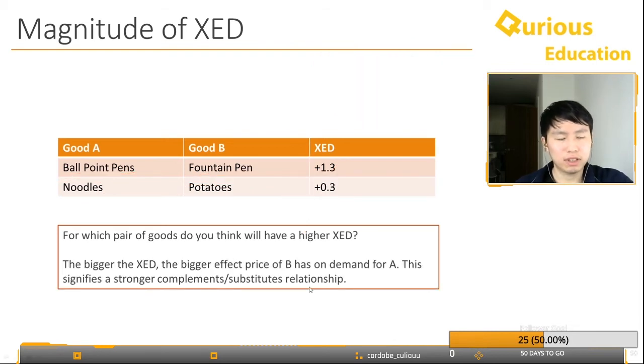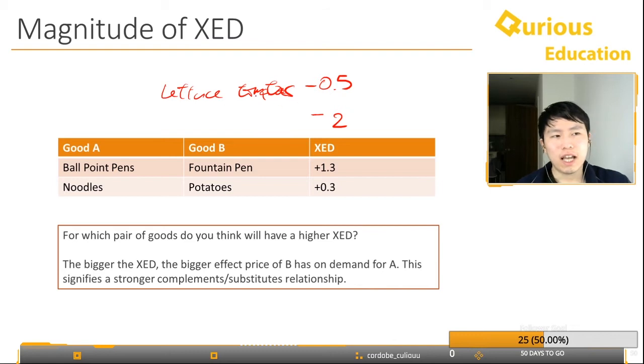Yeah, so we looked at this. And the same thing goes for complements as well. So if you have a small negative number, like minus 0.5, versus a big negative number, like minus 2. So minus 0.5 might be lettuce and tomatoes, because they go well together in salads mostly, but not in other dishes.